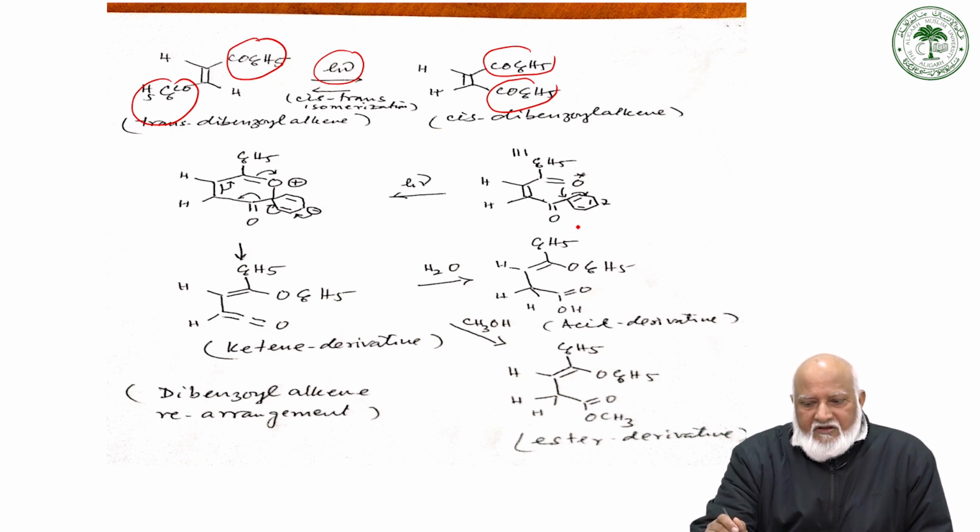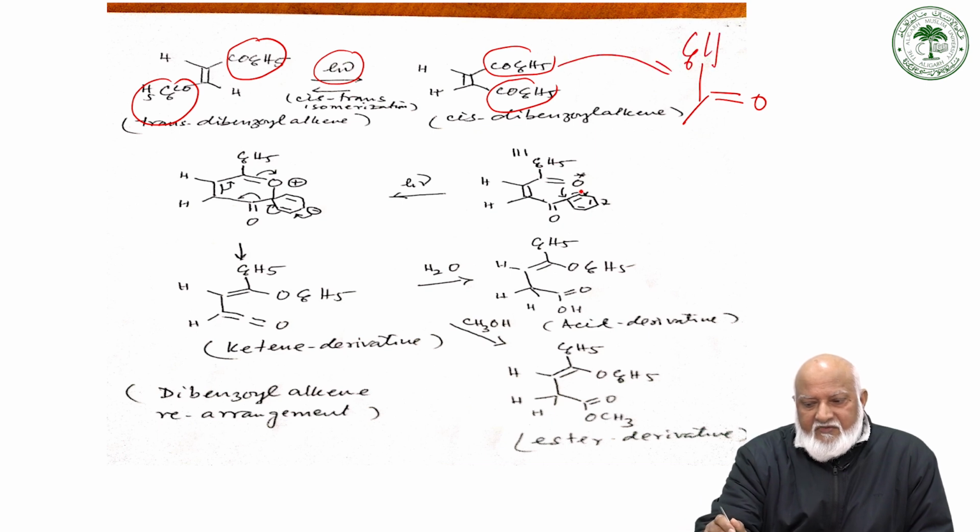Here what happens, we have just represented this benzoyl by a carbonyl C6H5. This carbonyl can be represented like this, and then there is another benzoyl group. In the presence of light, the carbonyl goes to an excited state.